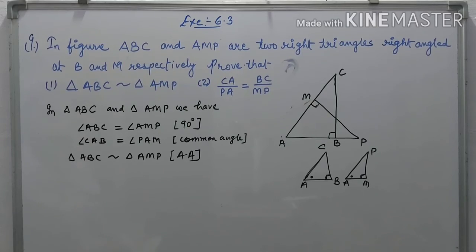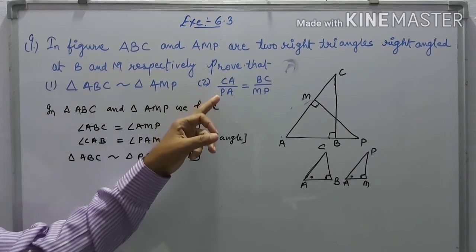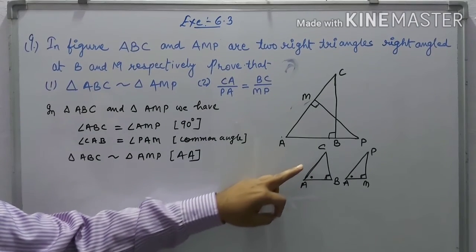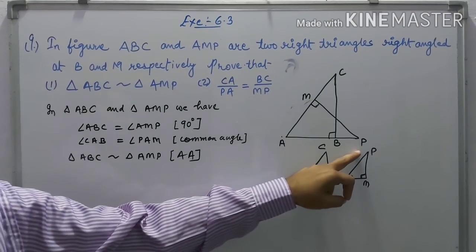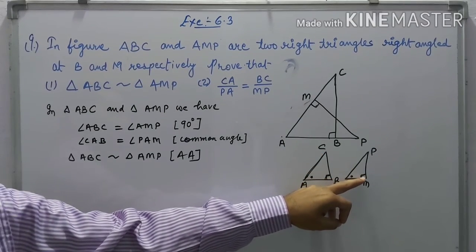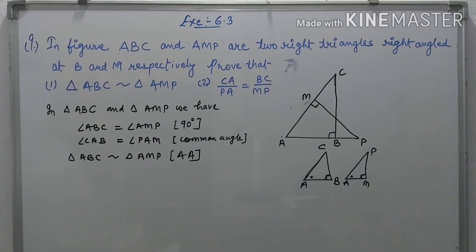And second, prove CA upon PA is in ratio with BC upon MP.